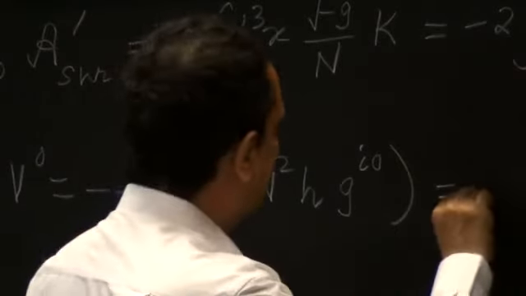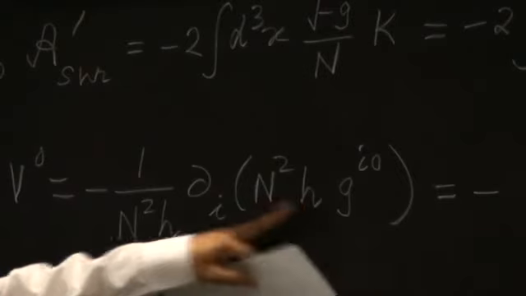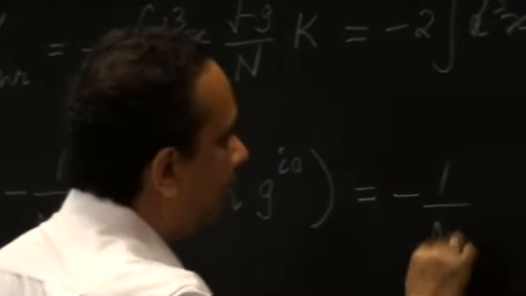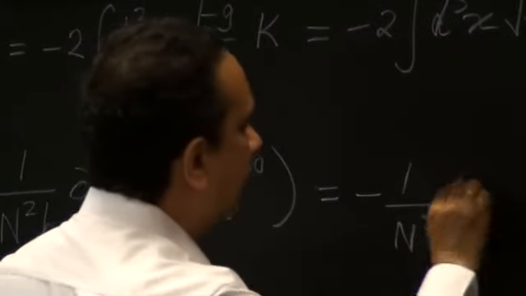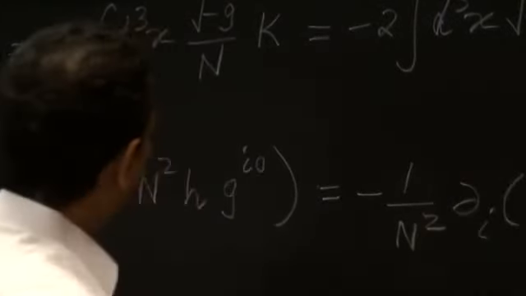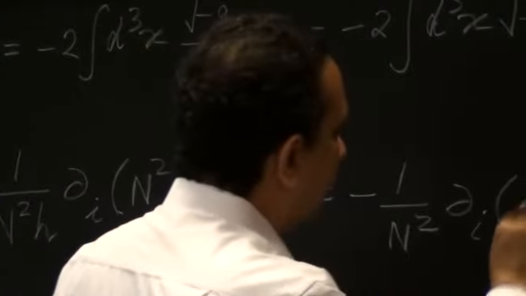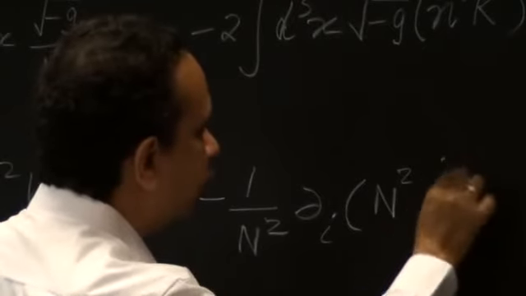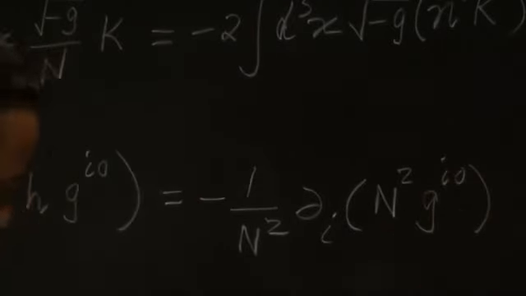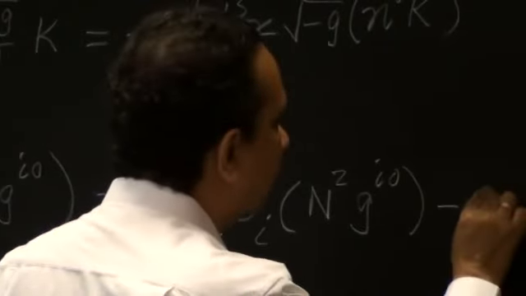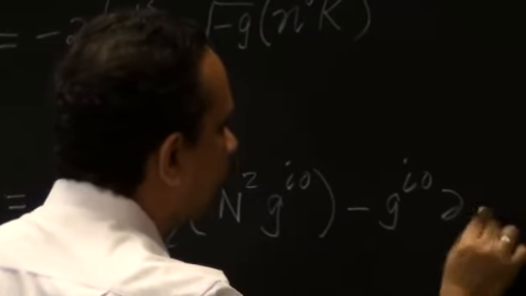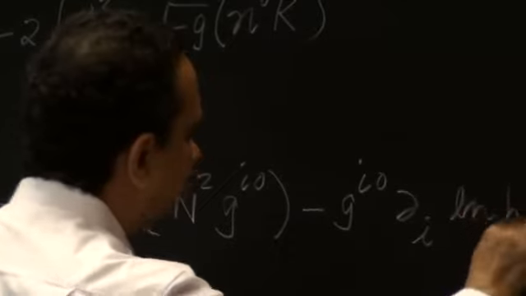So I have minus, if I take this h out, that h will cancel with this, so I have a first term 1 by n square di of n square gi 0, minus gi 0 of di log h.